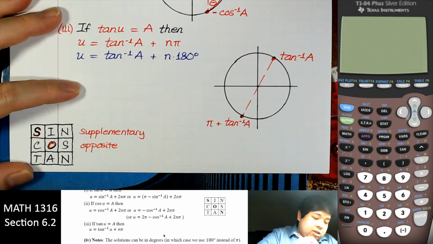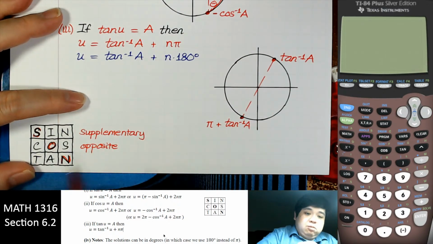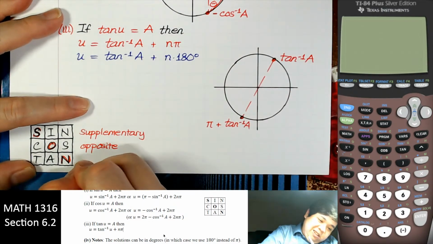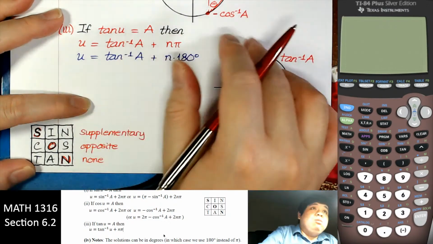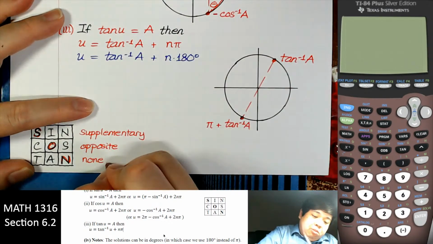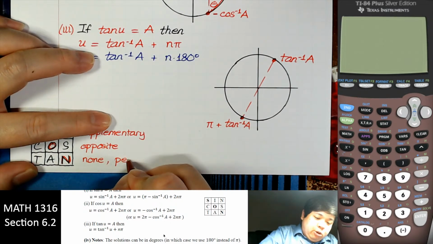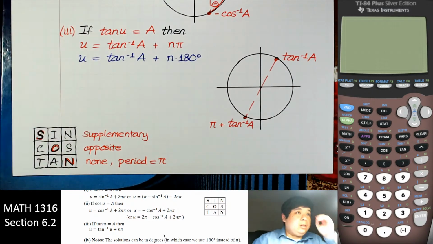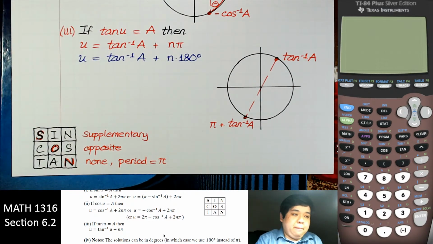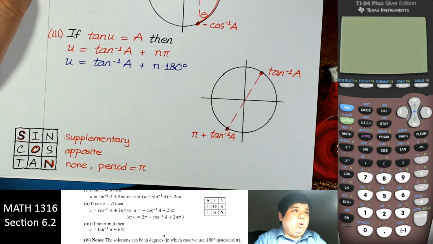And for tangent, there's nothing here, right? So there's nothing different. But the thing to notice here is that the period for tangent is equal to pi. Alright, so that's the summary of the trigonometry equations.